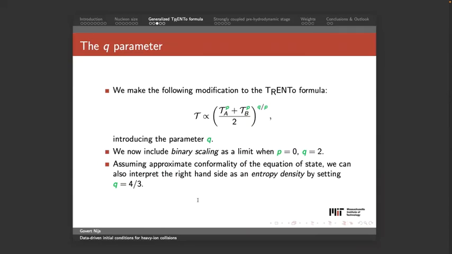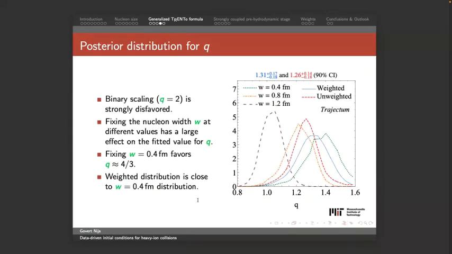Yes. Now you are saying that it is favored to use 4/3 instead of 1. Exactly, if we fix the width to 0.4 fermi, let's say. So are there any comparisons of how the data is now fitted better with this Q parameter taken as 4/3 instead of 1?